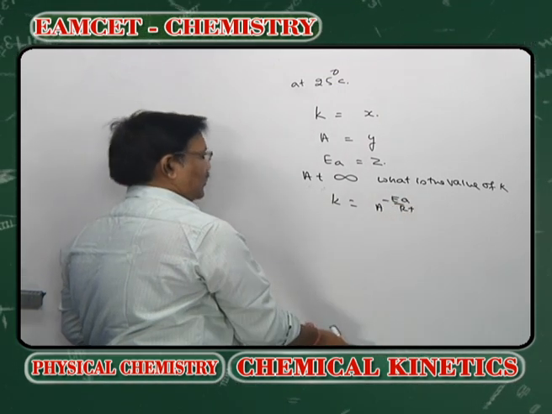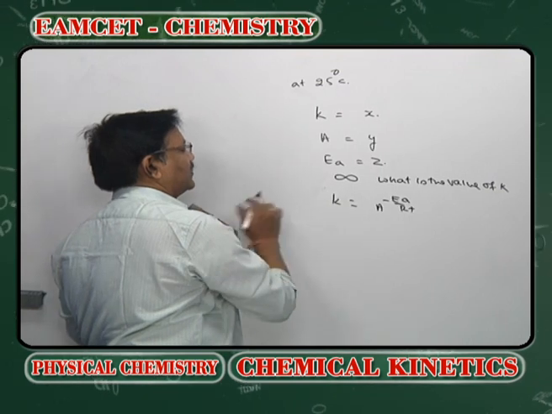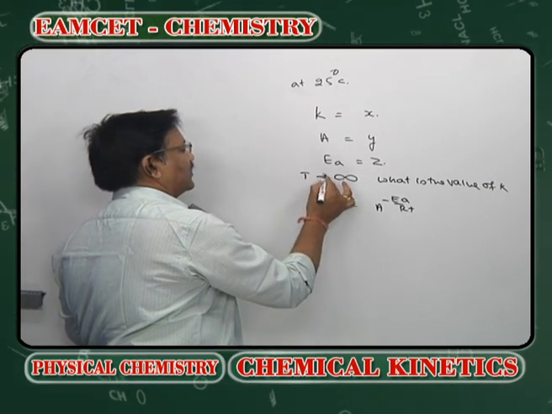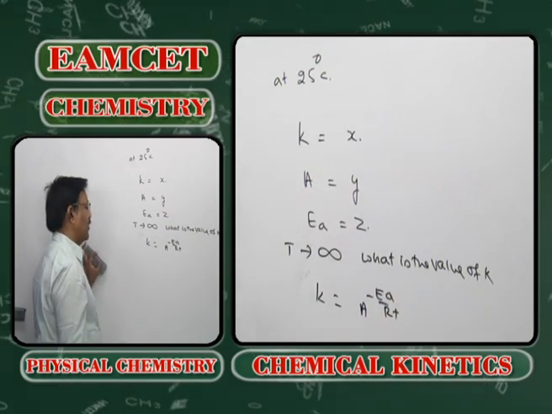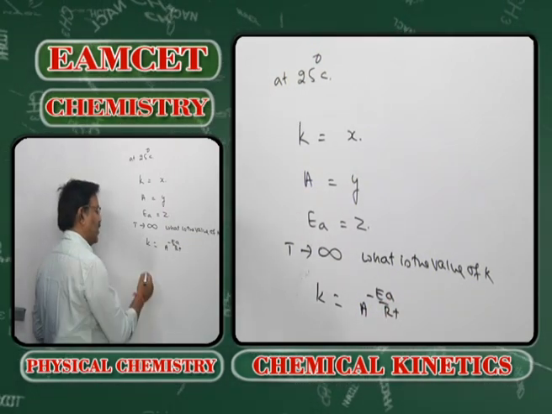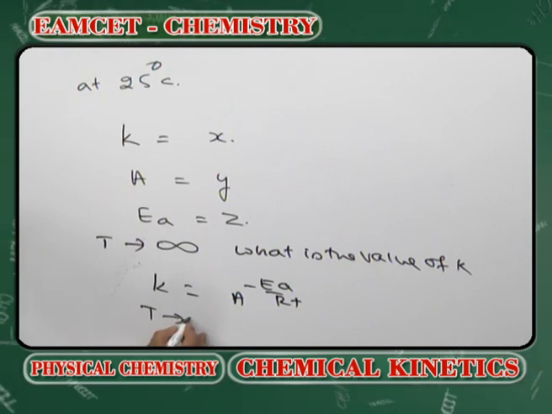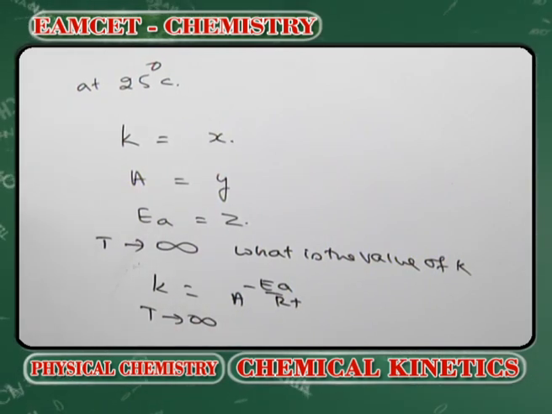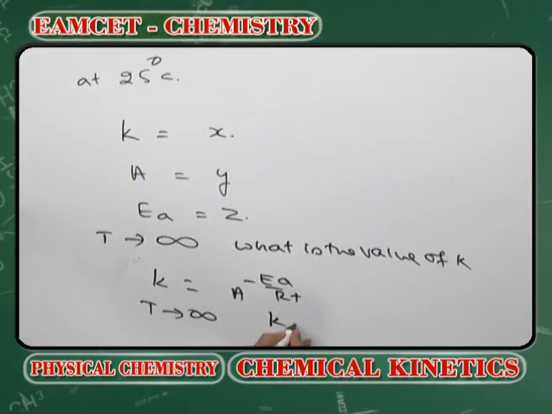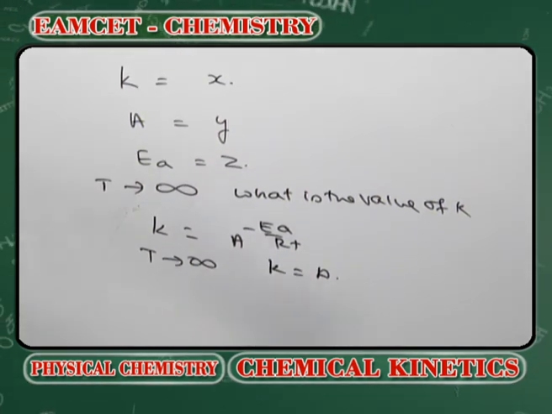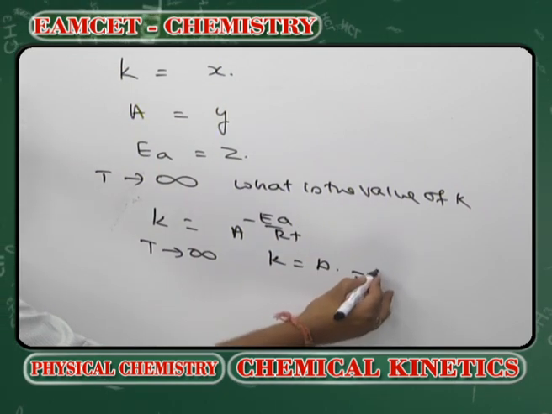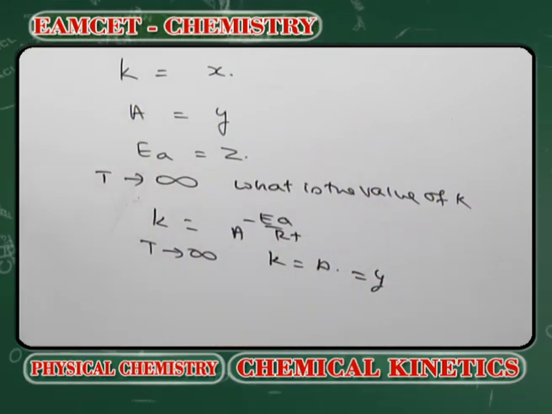When temperature tends to infinity, what is the value of K? When T tends to infinity, K will be equal to A. So what is the value of A? It is Y. K will be equal to Y.